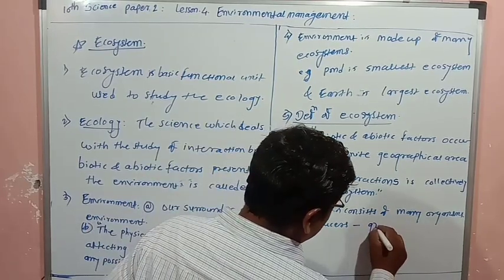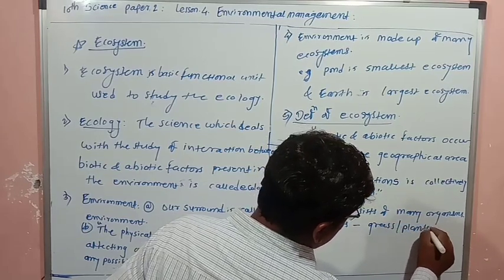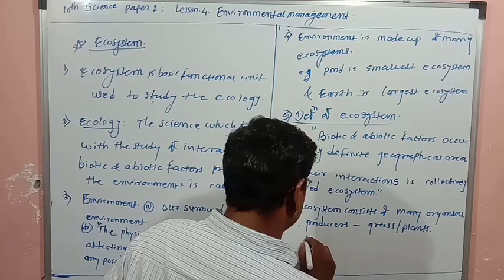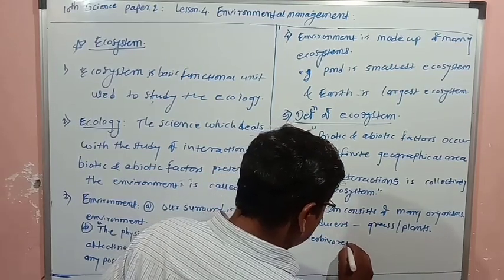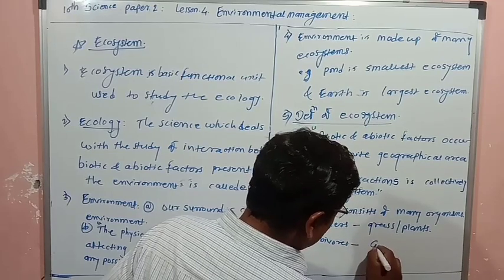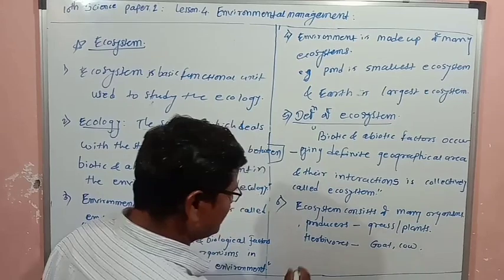In that, grass is there, different plants are there, trees. The second one is herbivores, goat, cow, grasshopper.